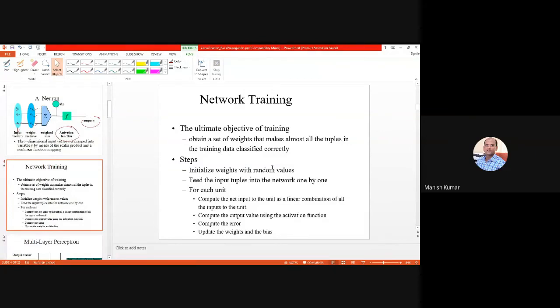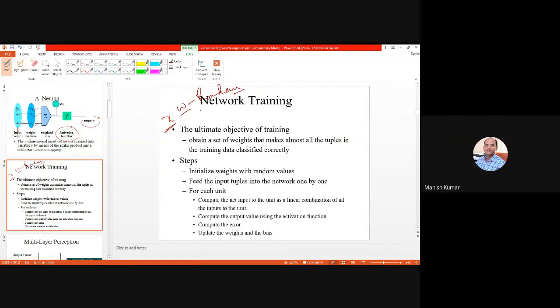The objective of the training is to obtain a set of weights that makes almost all the tuples in the training data classified correctly. When we try to train the network, you have given input x. Then you assign weights, and initially they are assigned in a random manner.